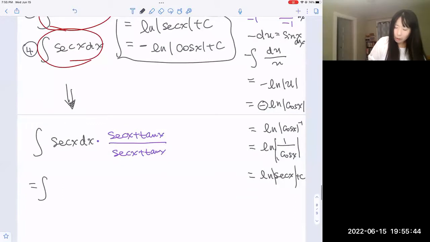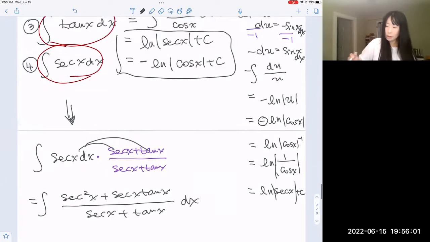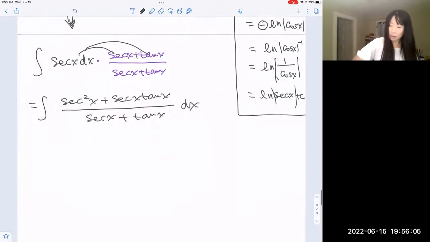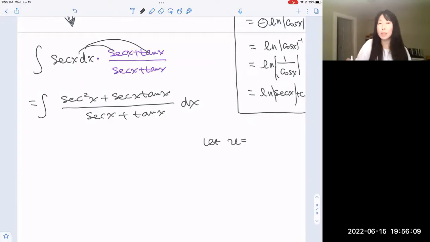So we will have, distributing, secant square x plus secant x tangent x over secant x plus tangent x, right? Now let u equal secant x plus tangent x.